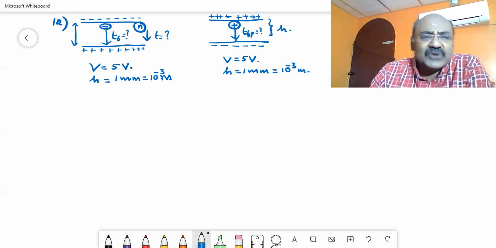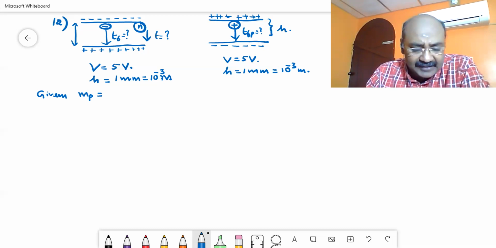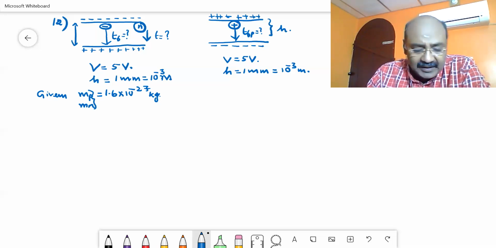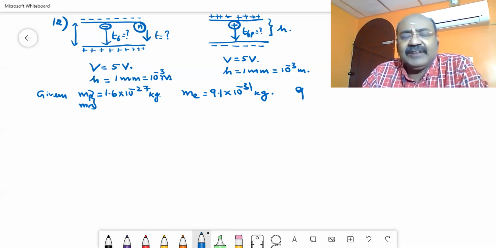They have also given the mass of proton as 1.6 into 10 to the power of minus 27 kilogram. This is also the mass of neutron, the same value for both. The mass of electron, m suffix e, is 9.1 into 10 to the power of minus 31 kilogram. And you are asked to take the acceleration due to gravity g as 10 meter per second square.